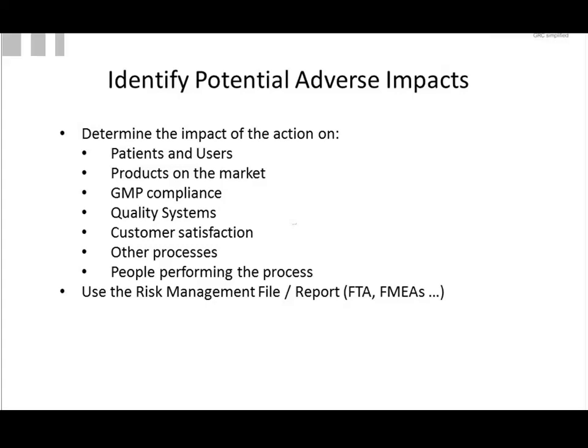So you're looking at the patient, and other end users might be the clinician, the technician at the hospital that handles the product or the pharmaceutical, etc. Products on the marketplace, interactions also there, GMP compliance issues, compliance to your quality system, the effect of the quality system upon the activity and vice versa, customer satisfaction, marketing issues too. So you begin to consider the impact of this problem on these other areas and resolve those you can. Some of this might be in the preventive category rather than corrective category under CAPA.